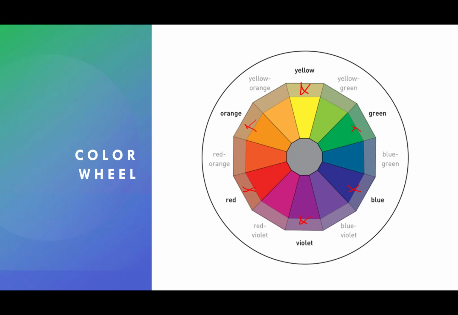And then you have the tertiary. Here, we'll number them this way: the ones, the twos, and then these are the threes, the tertiary colors.